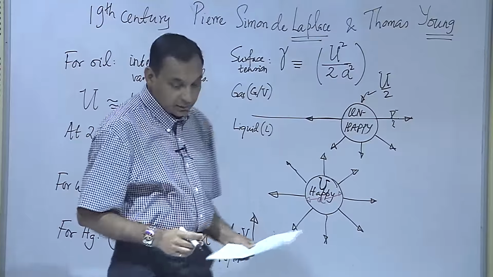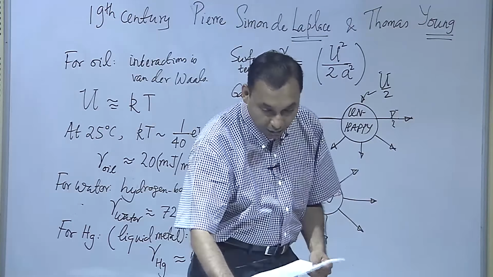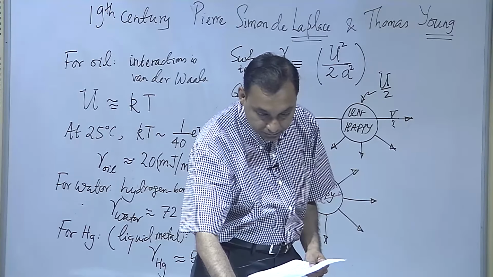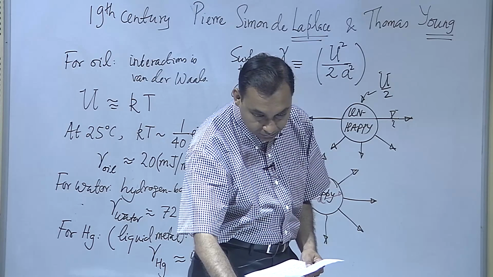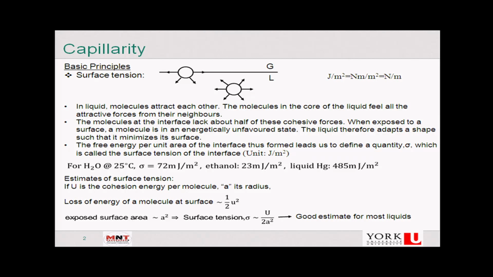There are various other definitions as well of surface tension. As has been mentioned, this is the free energy per unit area of the interface that needs to be formed. So you need to provide some energy to increase the surface area by unit area. That can also be represented in terms of the surface tension.